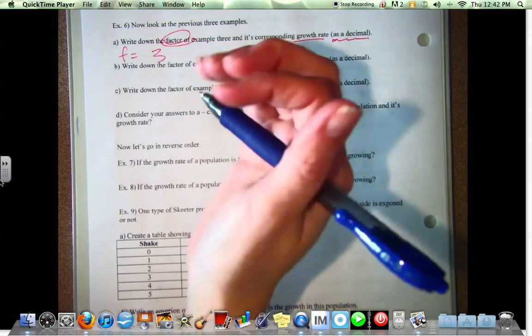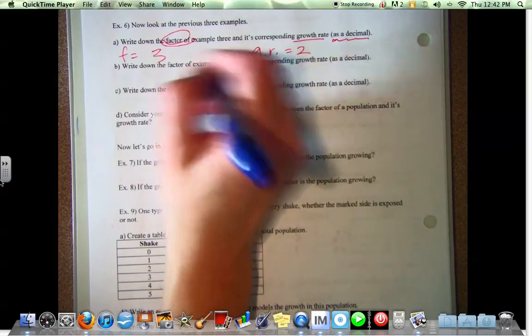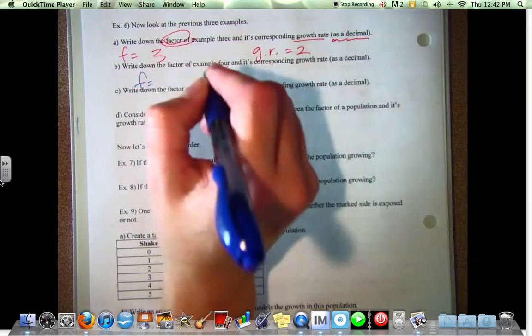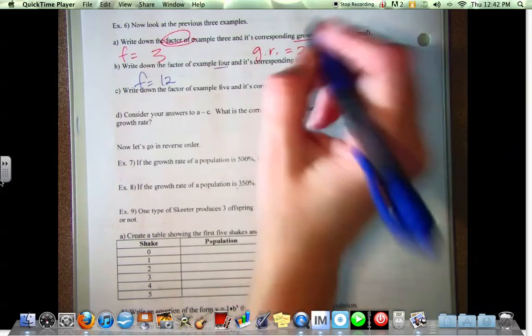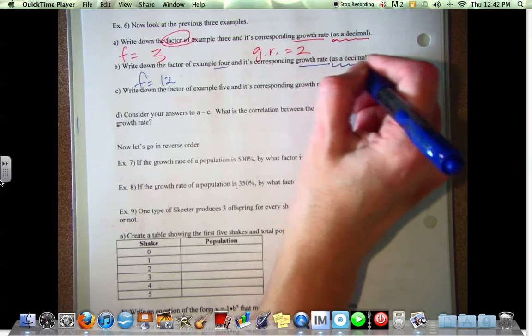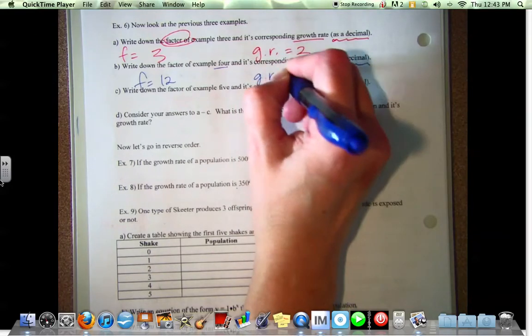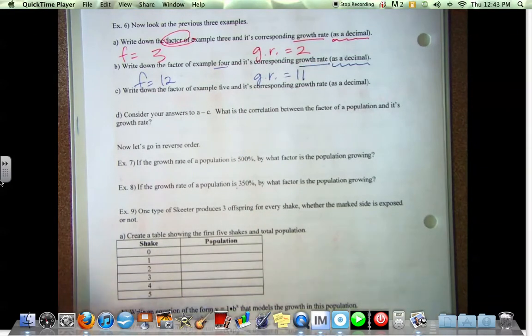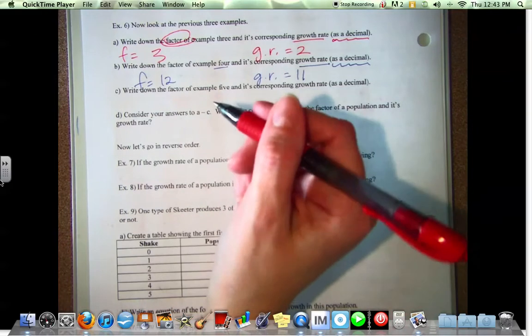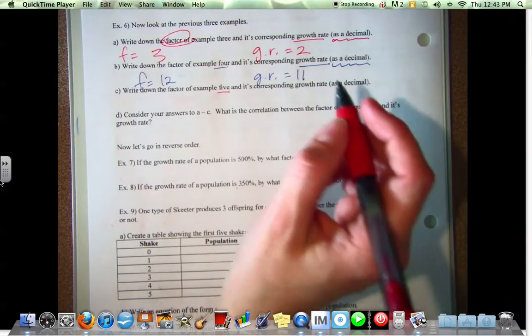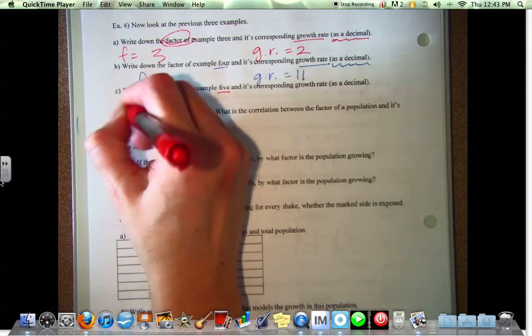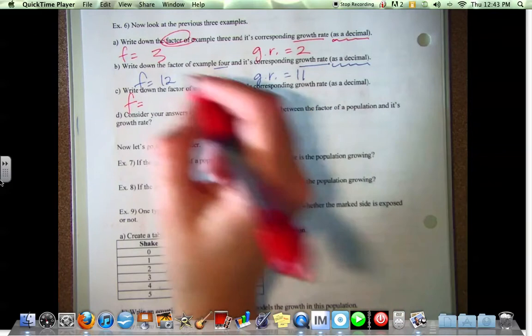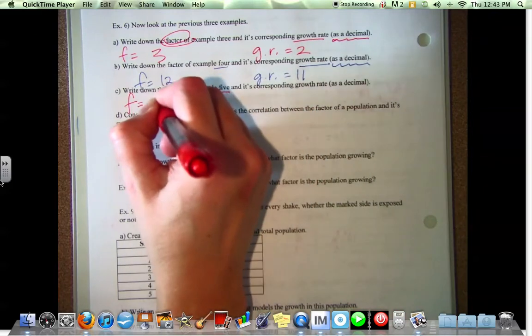B. Write down the factor of example 4 and its corresponding growth rate as a decimal. Write down the factor of example 5 and its corresponding growth rate as a decimal. 3.5 and 2.5.